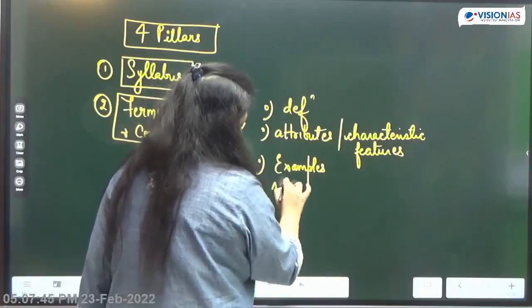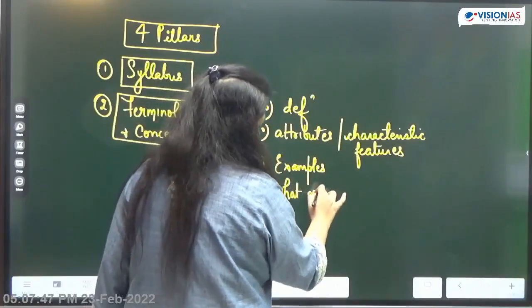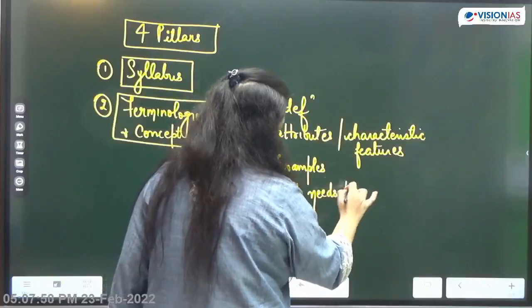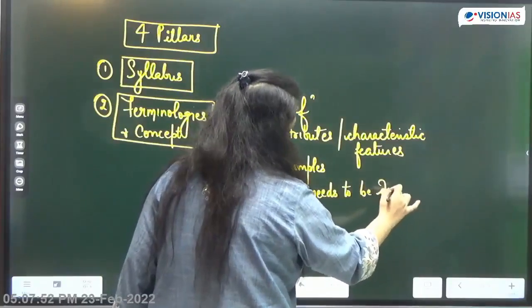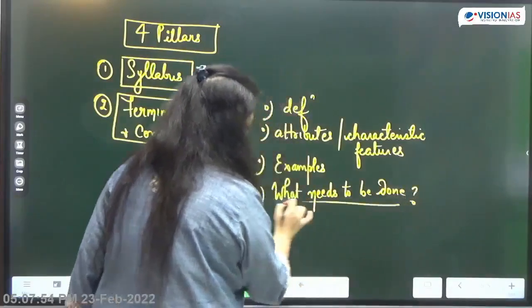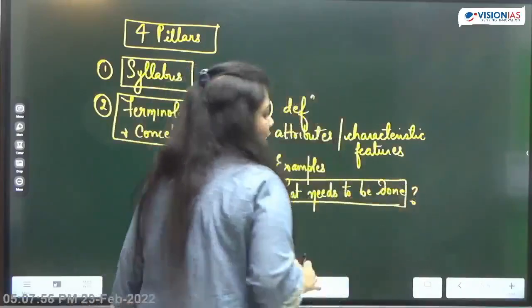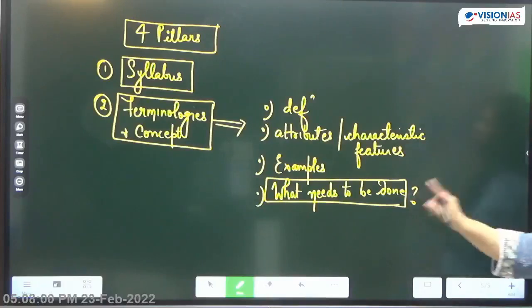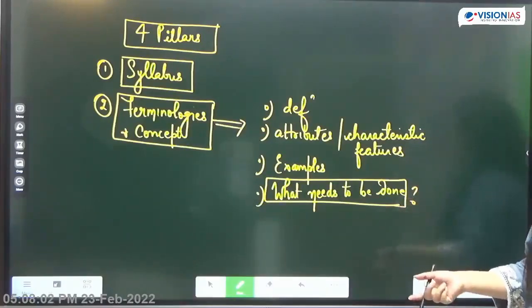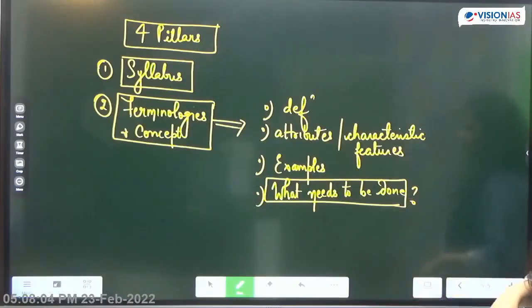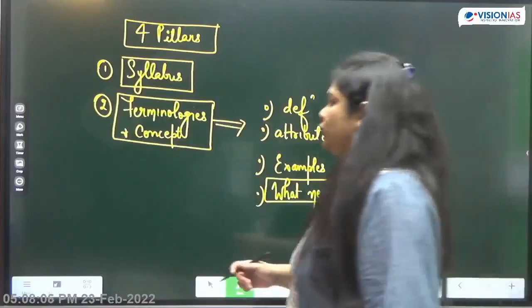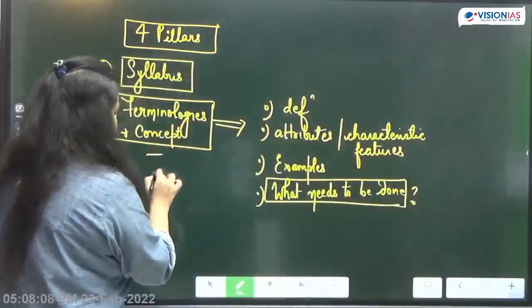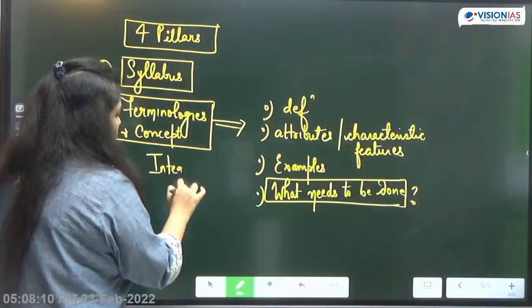And what needs to be done? Now, what needs to be done depends upon what kind of topic you are referring to. I'll give you an example. Let us say there is a concept which you need to prepare, that is integrity. Integrity is a value.